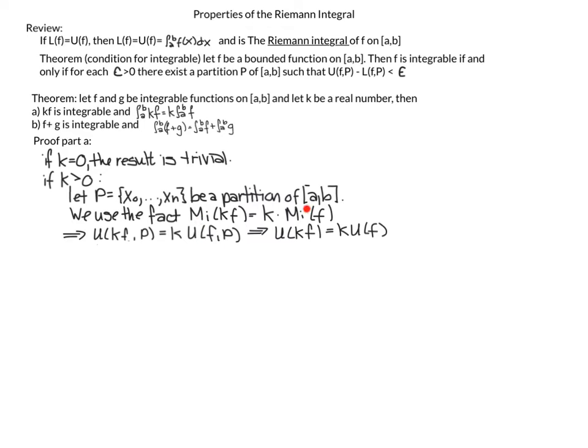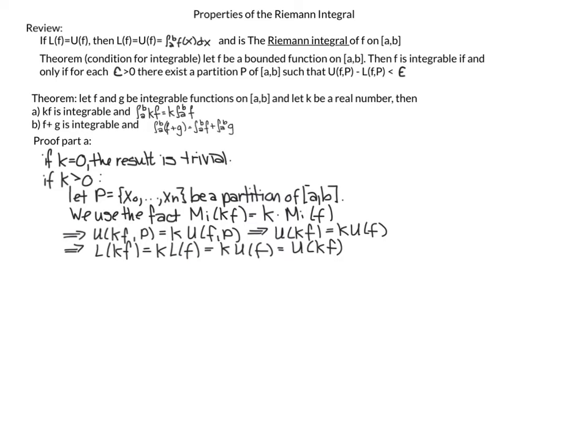We can sum up our m sub i's and pull the k out, multiply by k later, which will also affect our upper integral, so we can multiply by the k afterwards. We can do a similar argument until we get to the lower integral of kf is equal to k times the lower integral of f.